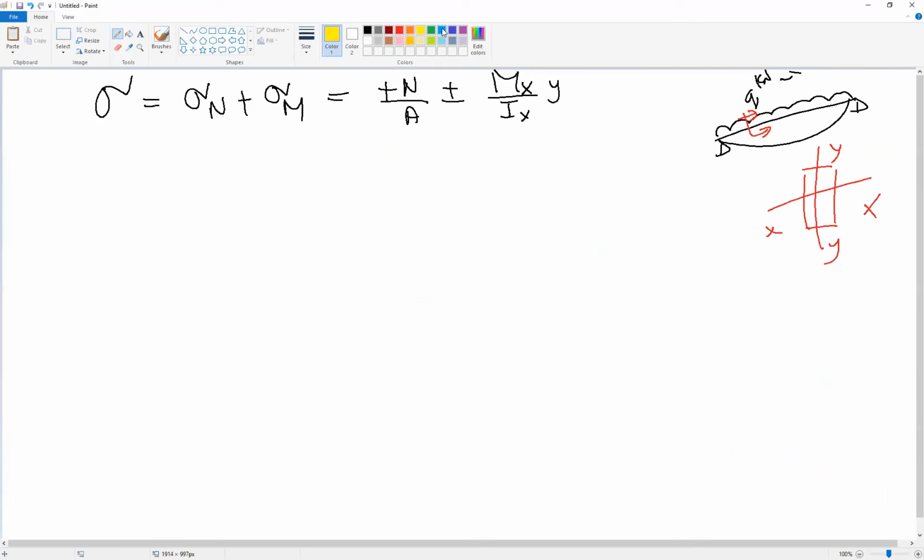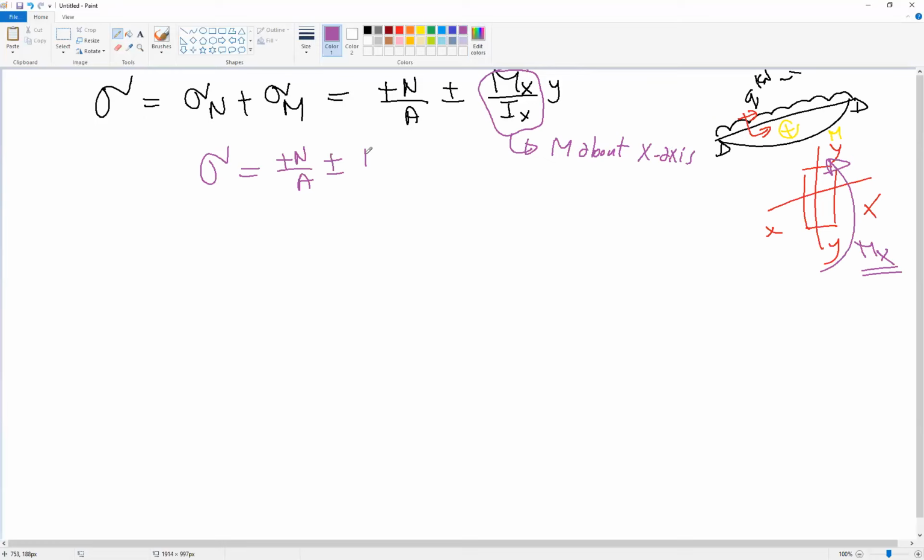This moment M will cause Mx moment. So our moment in this problem is Mx, not My, because the moment is about the x-axis. So our formula is positive N by A plus or minus Mx over Ix multiplied by y.